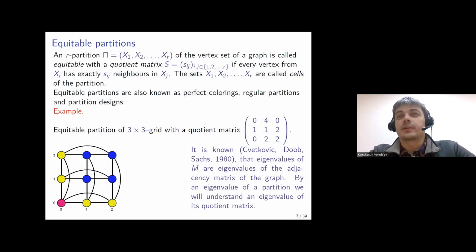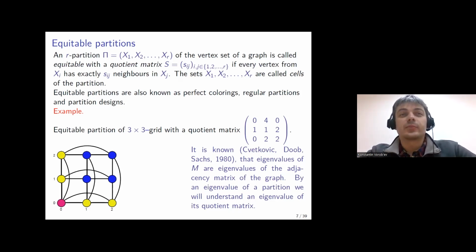These sets are called cells of the partition. The equitable partition is also known as a perfect coloring, regular partition, partition design, and also an intriguing set in the case of two cells.